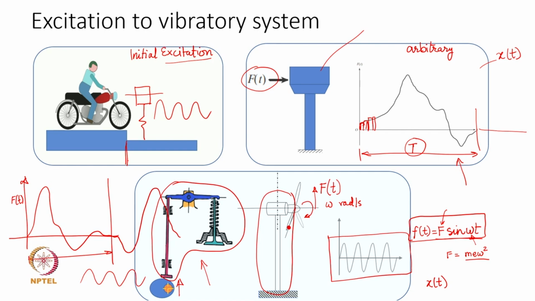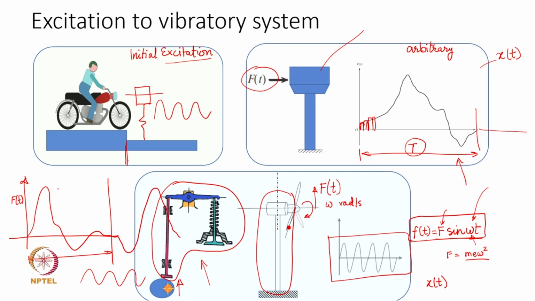This excitation torque will repeat itself, and the excitation is still a sustained excitation, but we may not be able to use this expression to represent the external force or torque on the system. So, then we resort to something else, and that also is a part of the discussion in this response to external sustained forcing function. But we shall take that up after we have extensively explored the response to harmonic excitation.